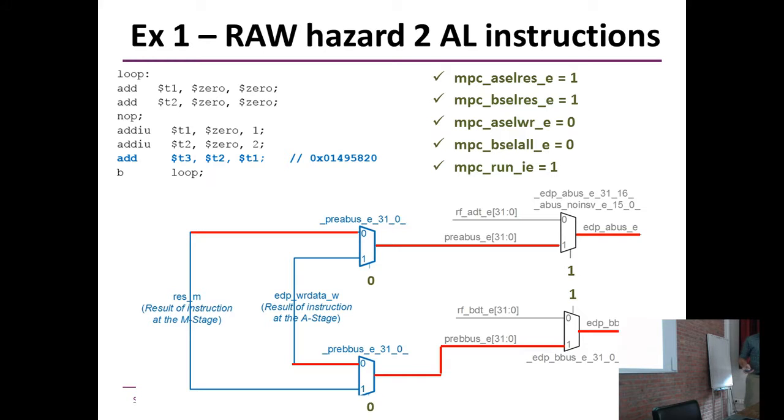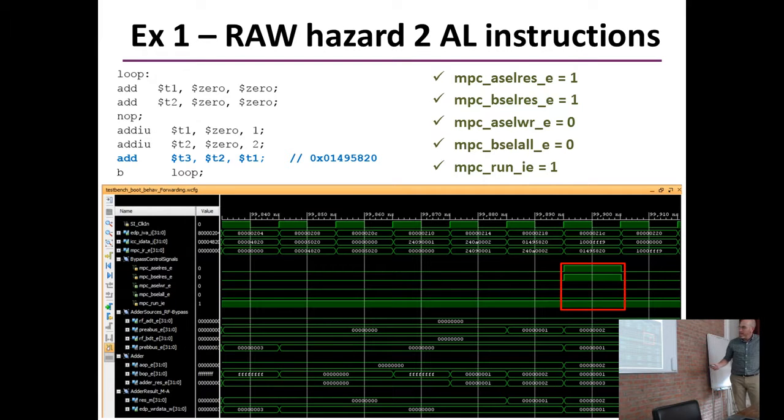That's the normal situation. But then, when the add instruction is at the E stage, which we can identify because the instruction register takes the value of the machine code for this instruction, which is here, this is the add instruction.